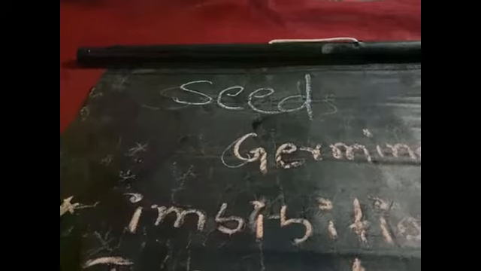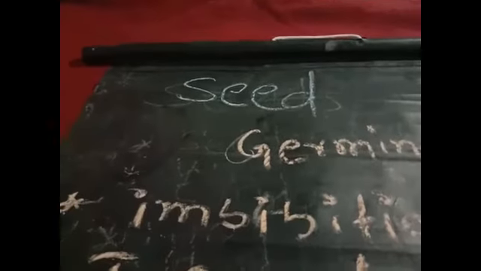The seed swells up and the seed coat ruptures, it breaks. Then after that, due to the water, the embryo becomes active and starts to grow as a baby plant. In the seed, the embryo has the plumule and radicle, and the radicle grows as a root and the plumule grows as a shoot.